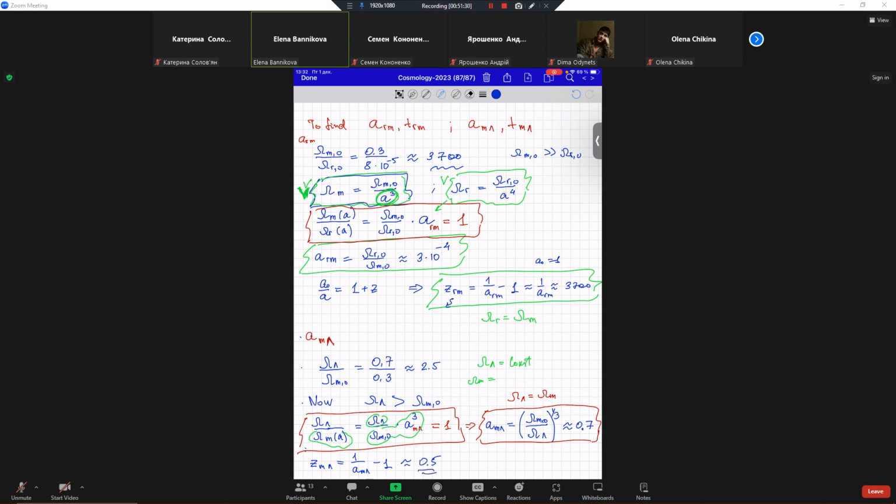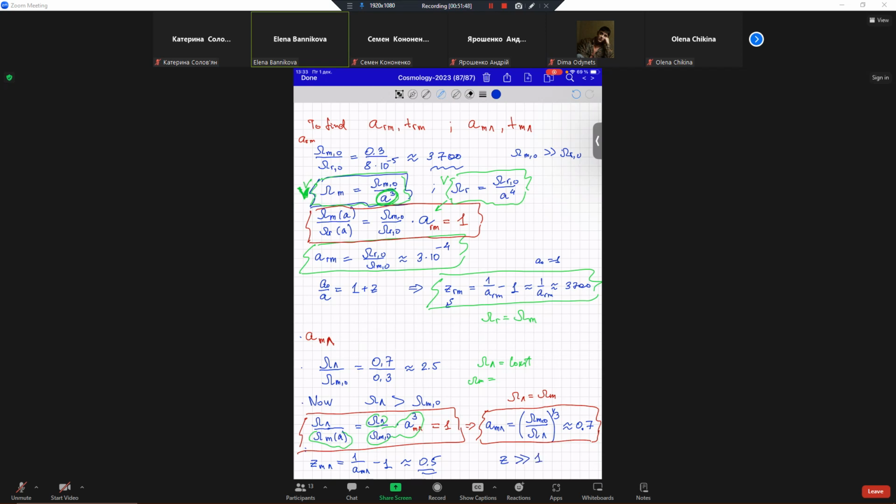And when we speak about far objects, quasars or far galaxies, they have a redshift which is much more than unity.